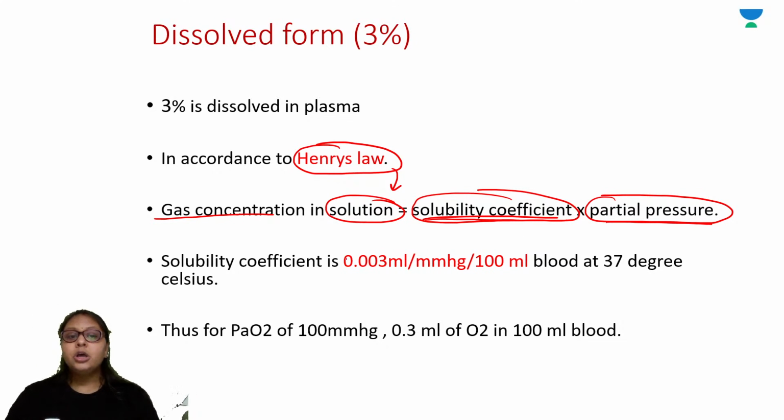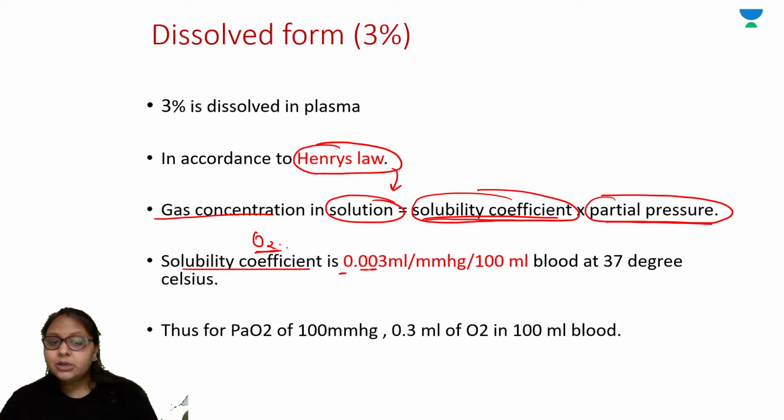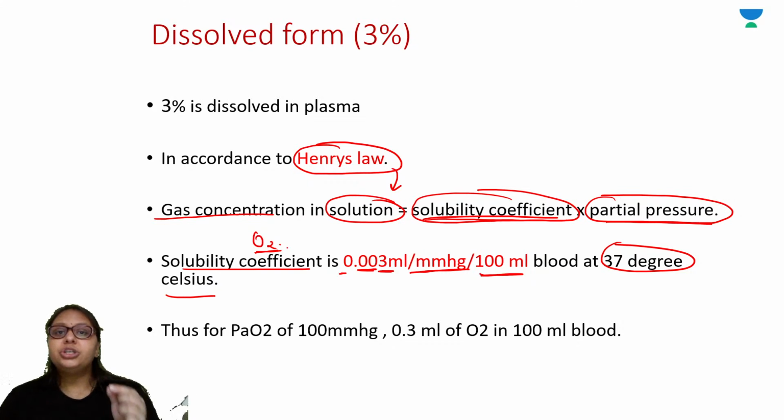The solubility coefficient of oxygen, remember, is 0.003 ml per millimeter of mercury per 100 ml of blood, and mind it, at 37 degrees Celsius. Is it clear? So the solubility coefficient of oxygen is equal to 0.003 ml per millimeter of mercury per 100 ml of blood at 37 degrees Celsius.